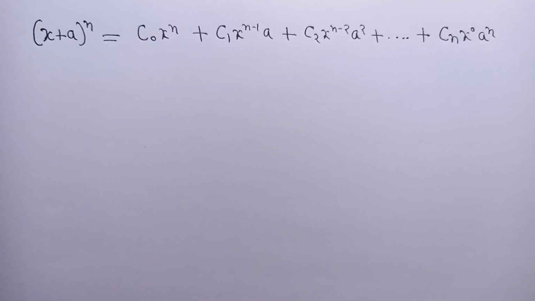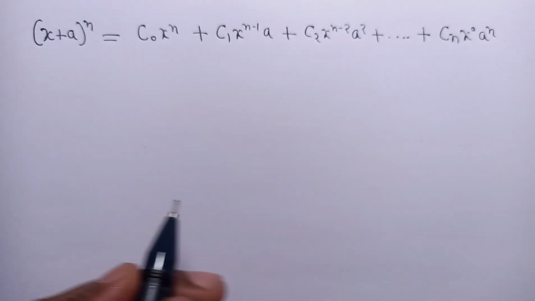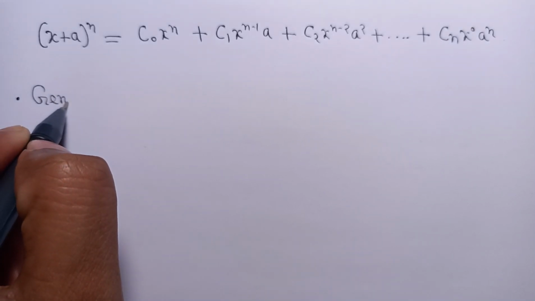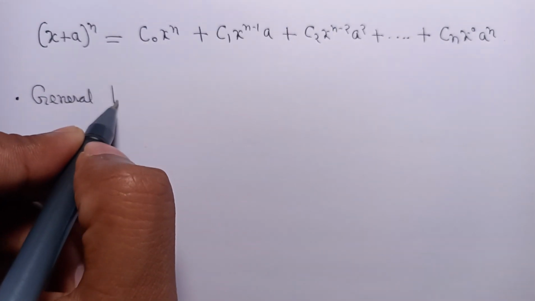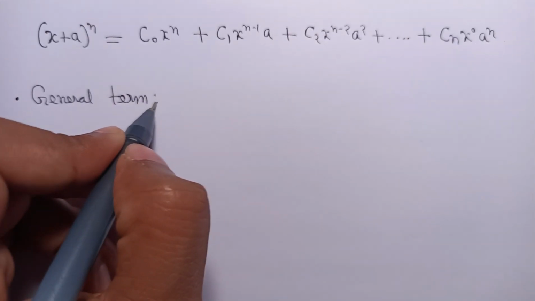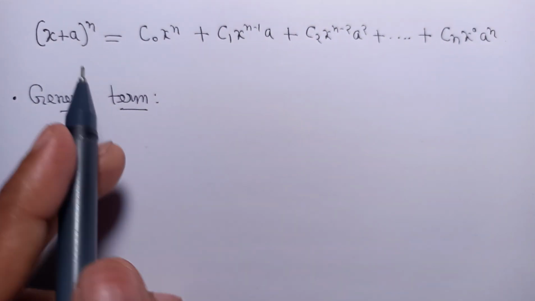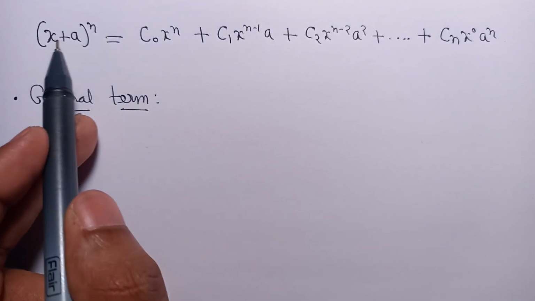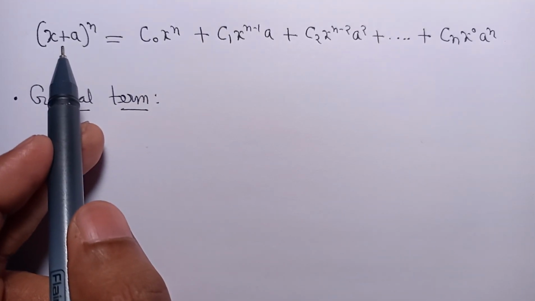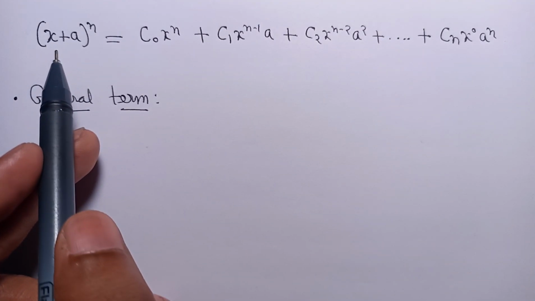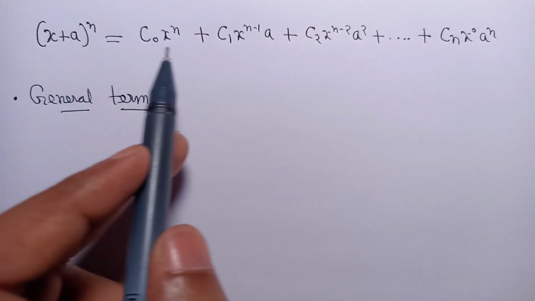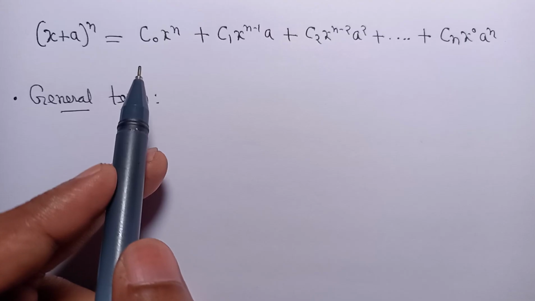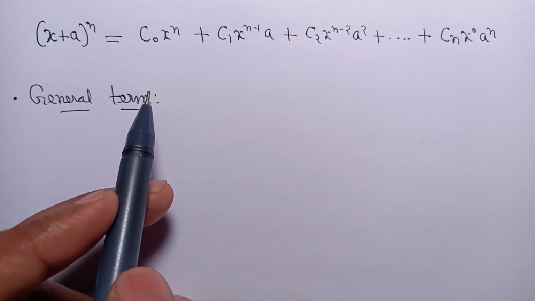Next thing is, whenever you have expansion like this, there is a concept of general term. So what is general term? Suppose this is the expansion. We can take any number inside this. So if they ask in a question like find the second term of this expansion, fourth term of this expansion, or any random term of this expansion, how to find?